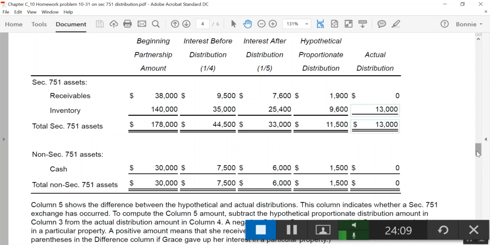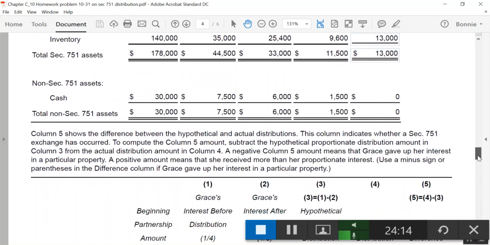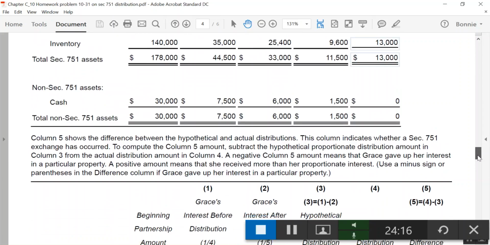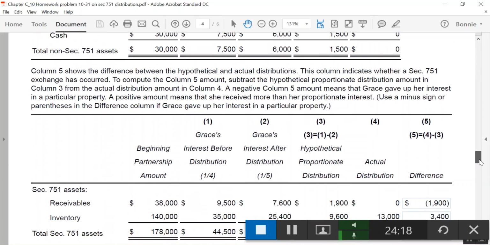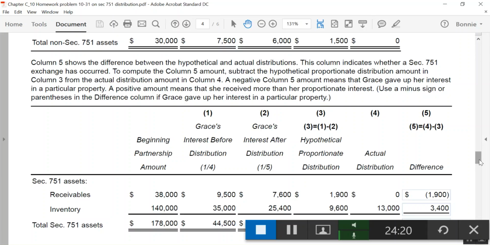Okay, so you add the 13,000 in there, and everything else is just blank. And now we're on column 5, okay? Now column 5 is just the difference between columns 4 and 3. And it's the difference between the hypothetical and actual distributions.